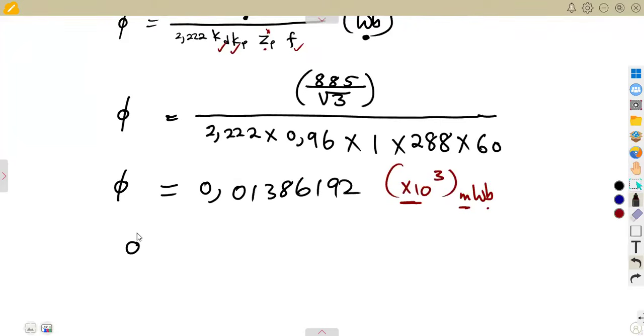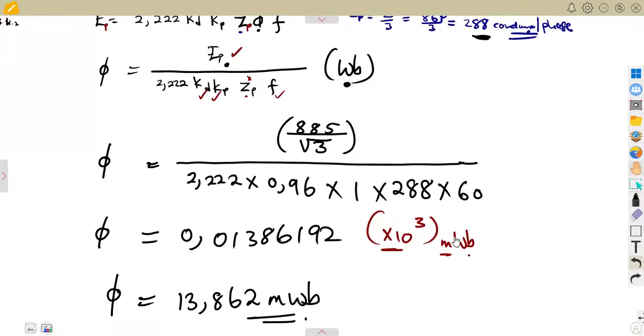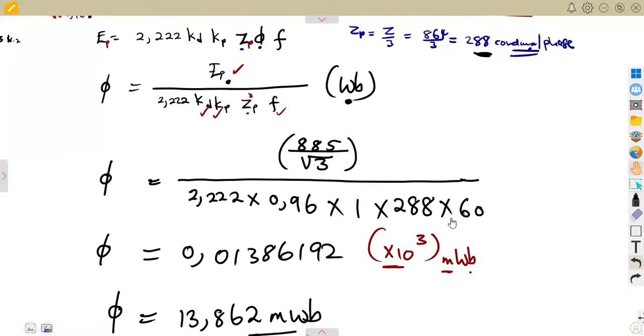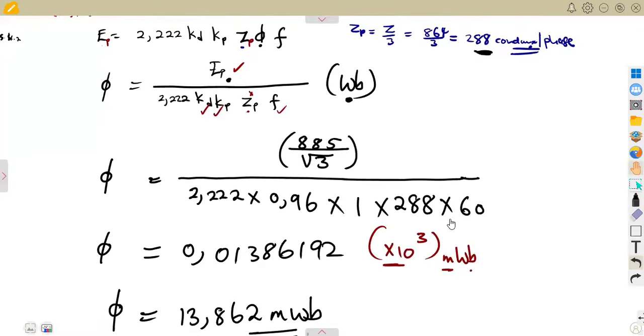That's our useful flux, which is 13.862 milli-Webers to 3 decimal places. So it's no longer as direct as it was with a DC machine, where you just substituted. This time you need to calculate this, find it, and substitute into the formula that you're given.